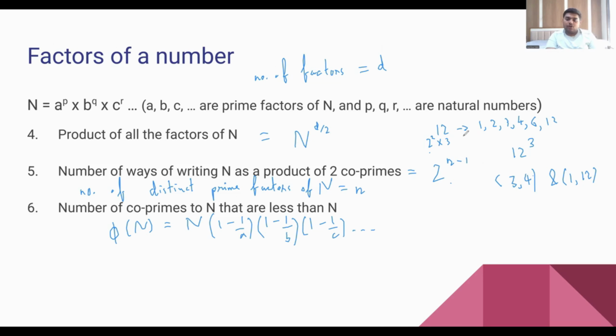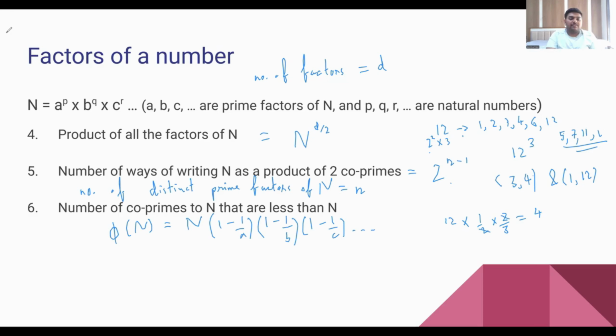So for this example of 12, the number of co-primes to n that are less than n will be equal to 12 into 1 minus 1 by 2, which is 1 by 2, into 1 minus 1 by 3, which is 2 by 3. So this is equal to 4. And the 4 co-primes will be 5, 7, 11, and 1. So these will be the 4 co-primes to 12.